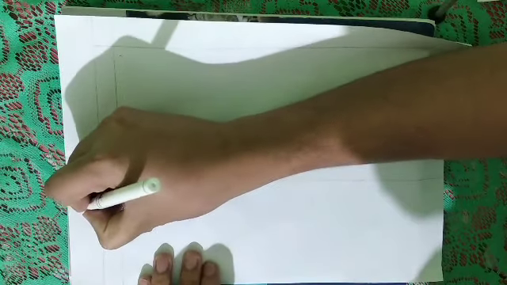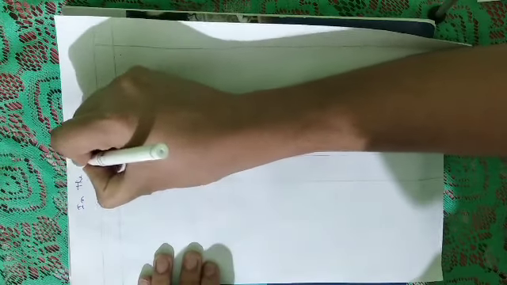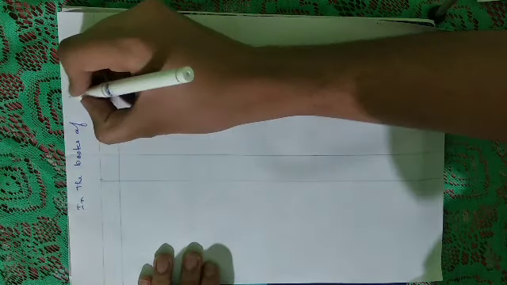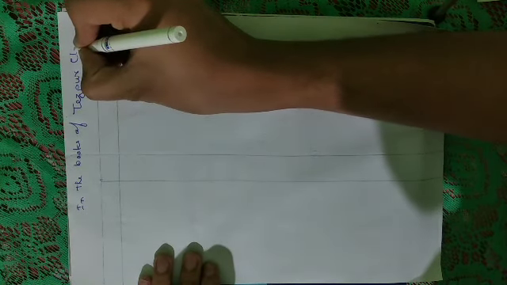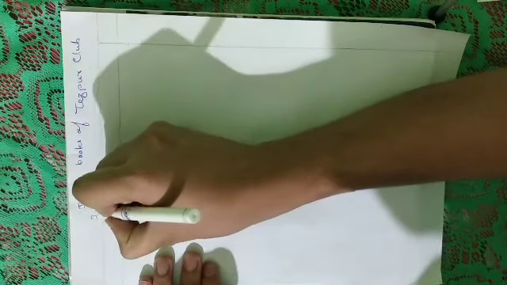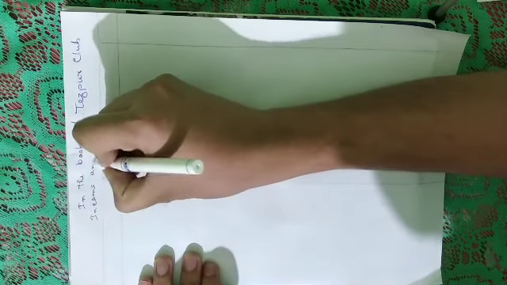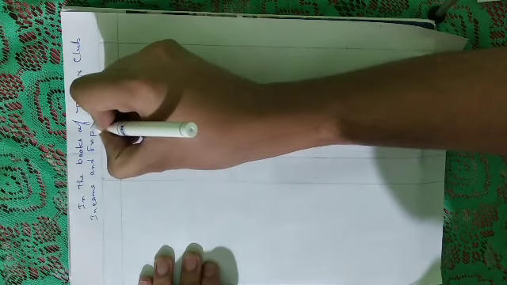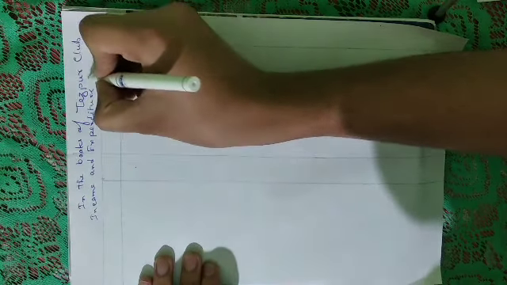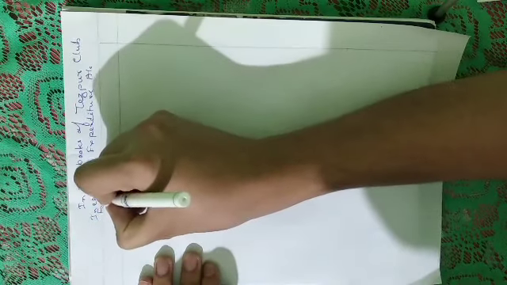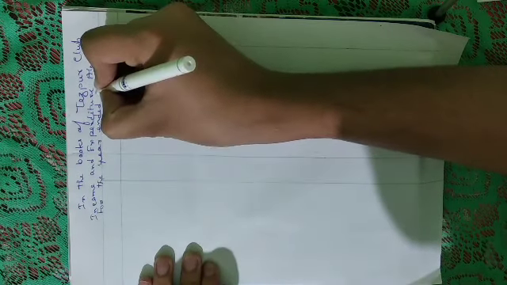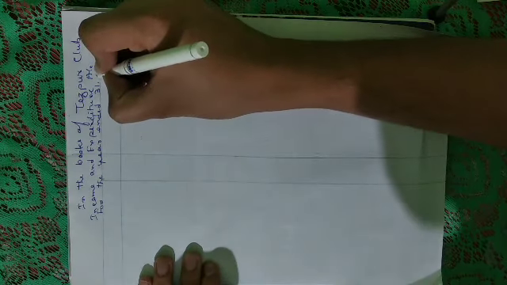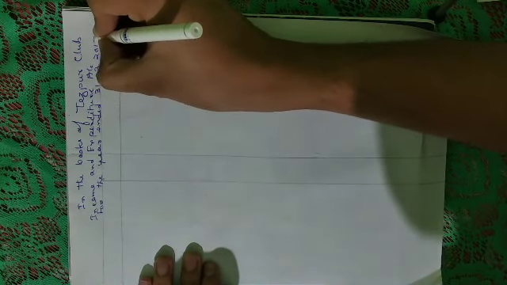Here we write the name of the club, in the books of Tejpur Club. Income and expenditure account for the year ended 31st March 2017.